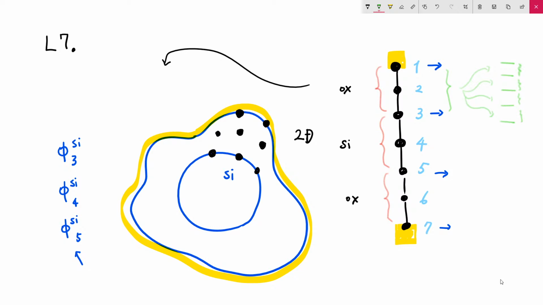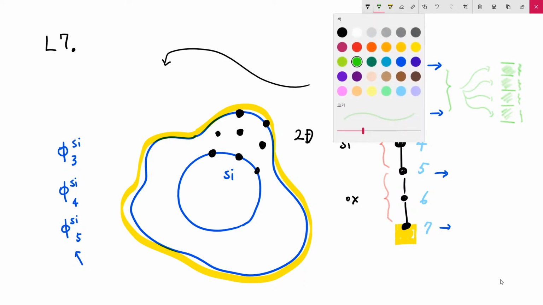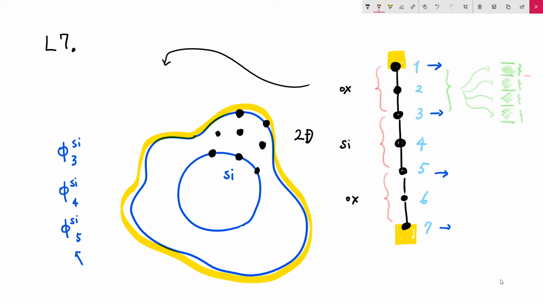So in some cases we have to introduce charges in the bulk, or sometimes we have to introduce a certain interface charge between two layers. I mean, between the low-K material and the high-K material, unavoidably, we have to introduce a certain amount of fixed charge.